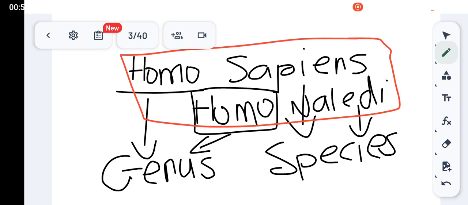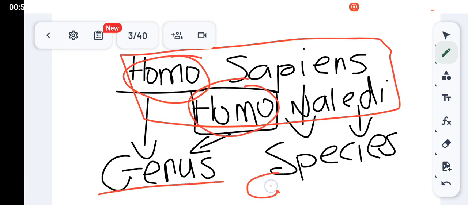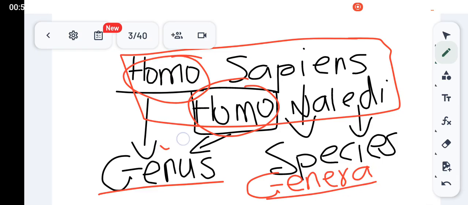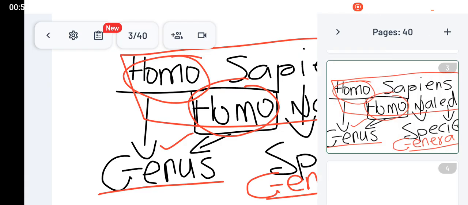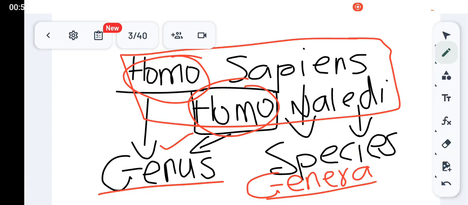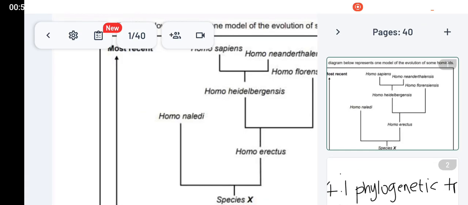It's no longer called Homo and Homo. We no longer call it genus, but genera. Why? Because genera is the plural form and genus is the singular form. I hope you get the difference between the two.